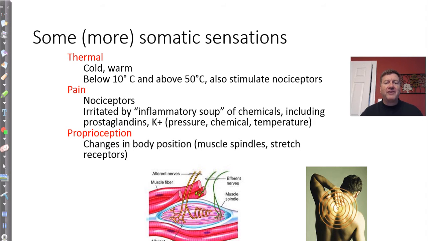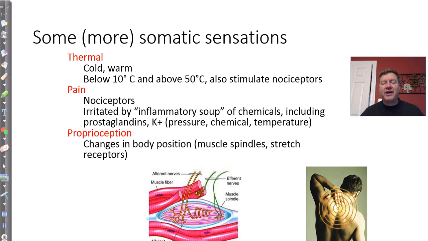Let's say that you have a scratch on your skin and you have a bunch of injured cells. Those injured cells release chemicals including prostaglandins, ATP, and potassium, and when they do, nearby nociceptors detect those and start to send a nerve signal to your brain like, okay, we should be hurting because there's now been an injury.